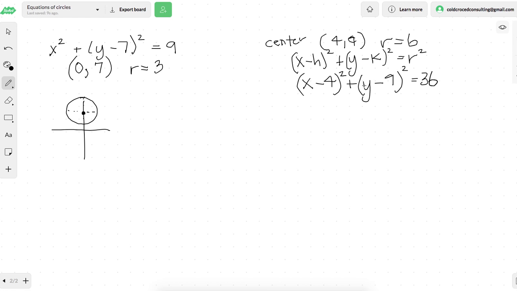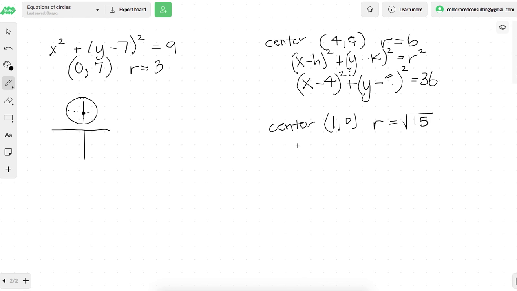All right, but what if it's a little bit uglier? Maybe not so ugly, but what if our center is at 1, 0, and our radius is the distance of the square root of 15. Okay, and again, the square root is going to be positive because our distance is always positive.